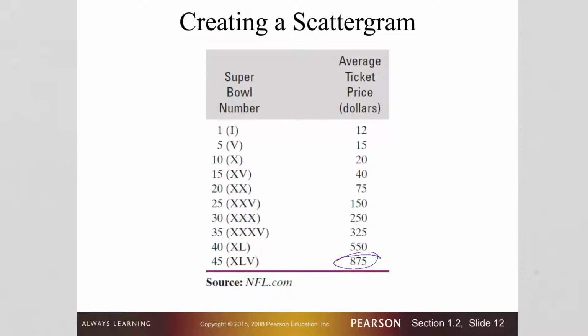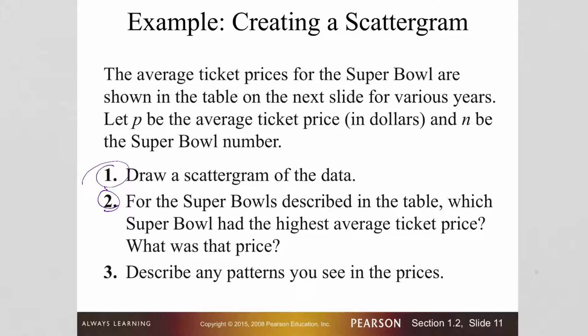I'm sure it's higher than that now. However, this is all we have on this table, so don't worry about data that isn't on this table. So, for the Super Bowls described, which Super Bowl had the highest average ticket price? So 45. And what was that price? It was $875.